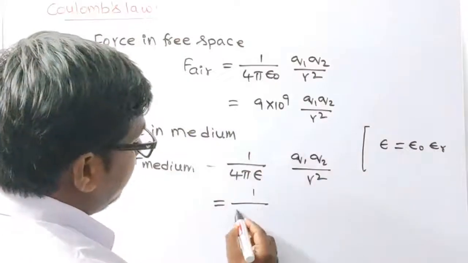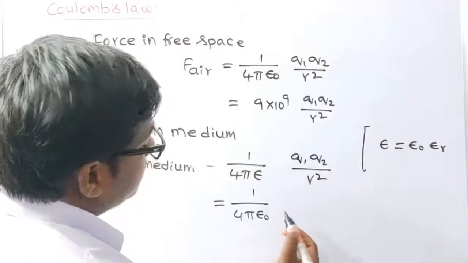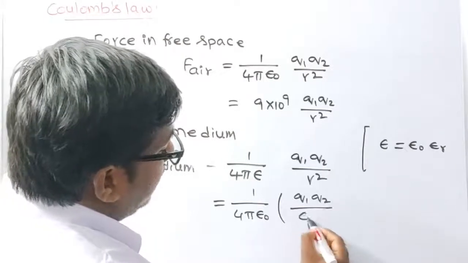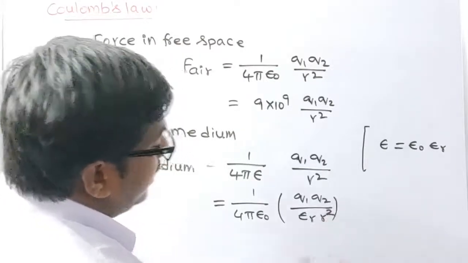So 1 by 4 pi epsilon naught into q1 q2 by epsilon r into r square.